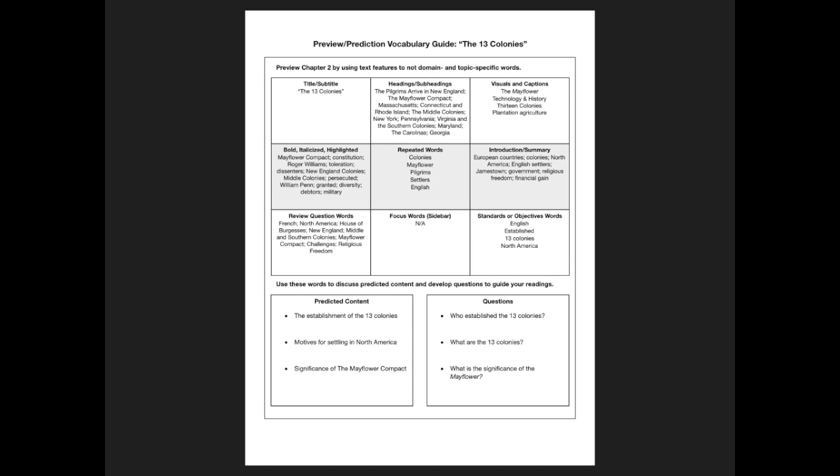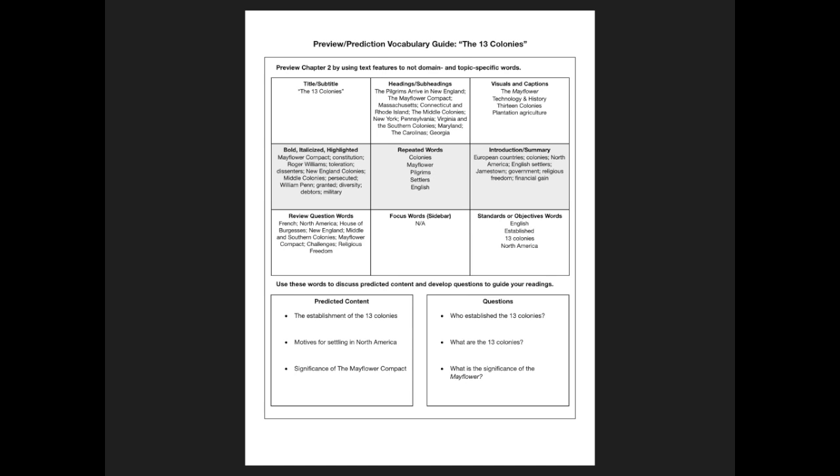Words or phrases associated with visuals and captions include the Mayflower, technology and history, 13 colonies, and plantation agriculture. There are several bolded, italicized, or highlighted words, such as Mayflower Compact, Constitution, Roger Williams, and toleration.